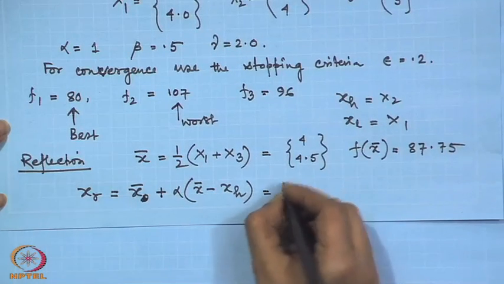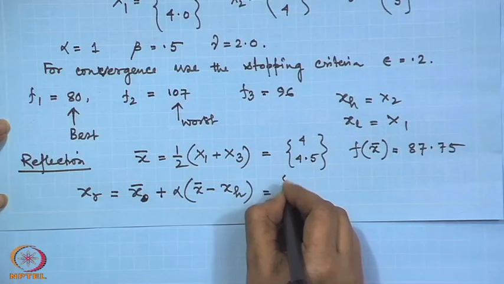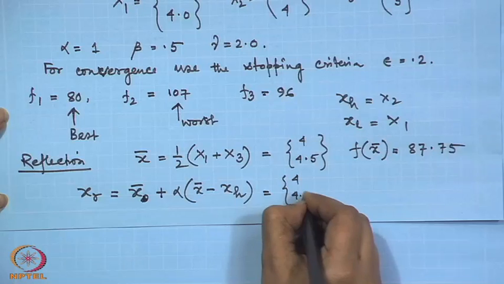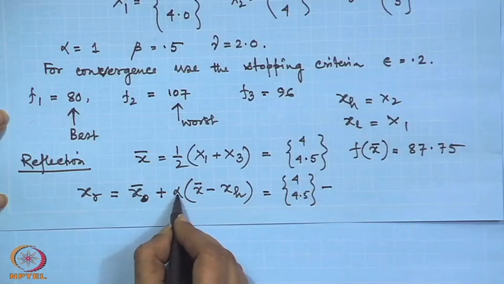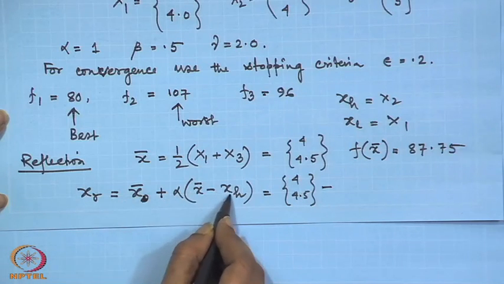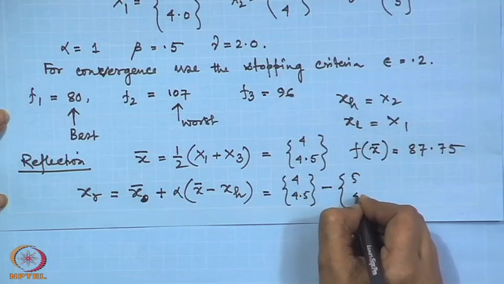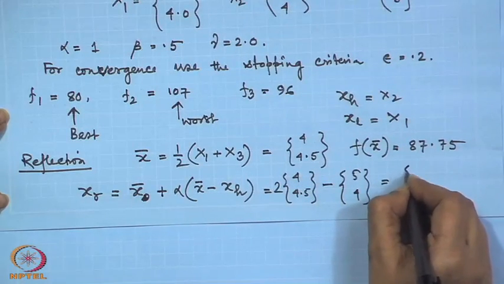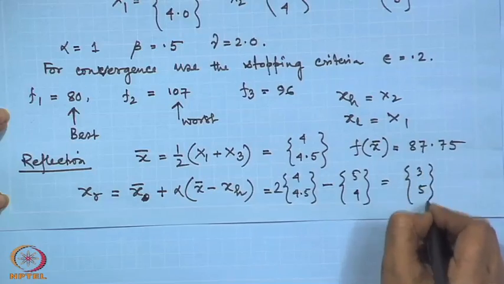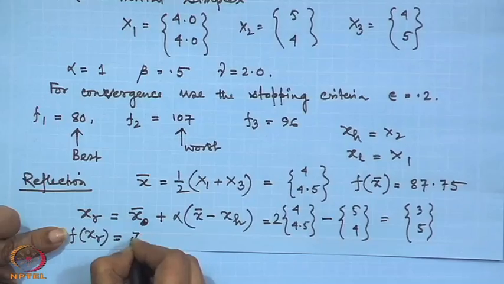Since alpha is 1, we have 2 times x bar minus xh, that is 2 times (4, 4.5) minus (5, 4), and we get the value 3, 5. We see the functional value at xR. The functional value is coming 71.